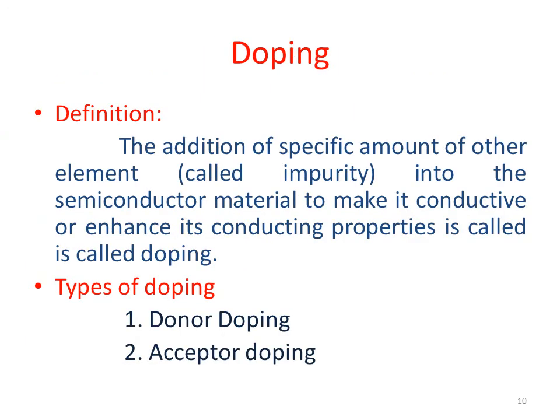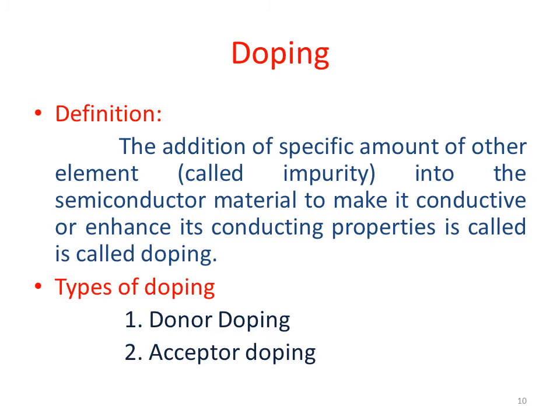Okay, now let us start with doping. We have already seen that a semiconductor material in its purest form contains free electrons and holes, and due to their equal number the current it carries is negligible. Therefore, I told you that we either increase the number of electrons or we increase the number of holes to enhance the conducting property of the material.